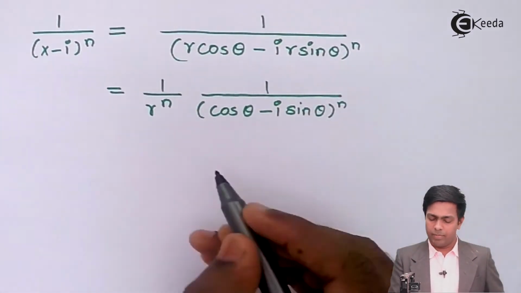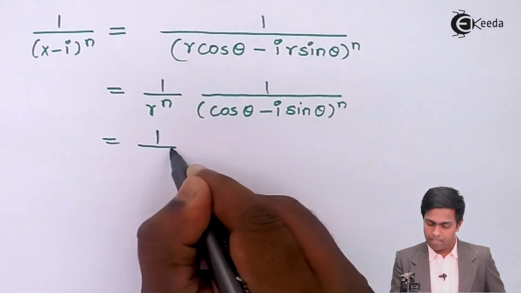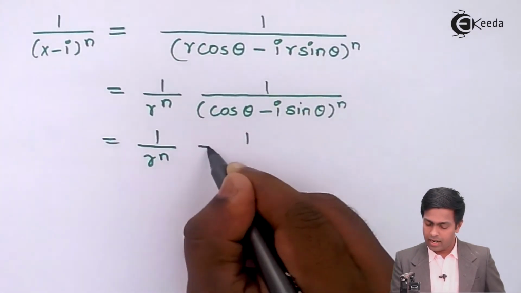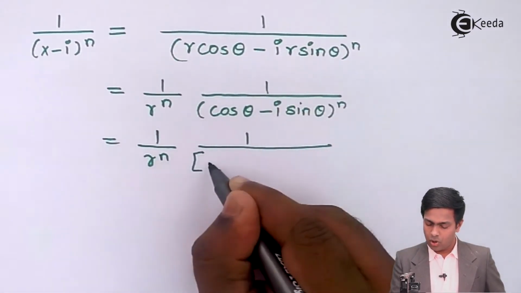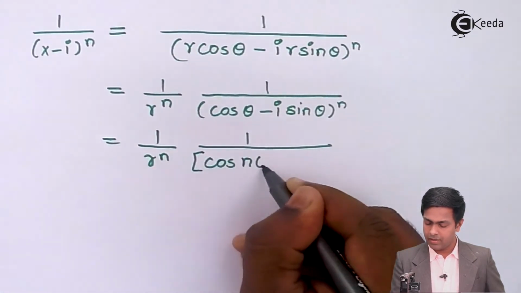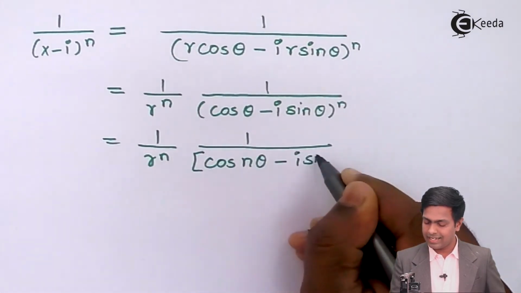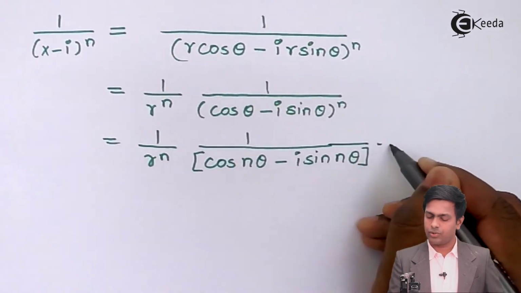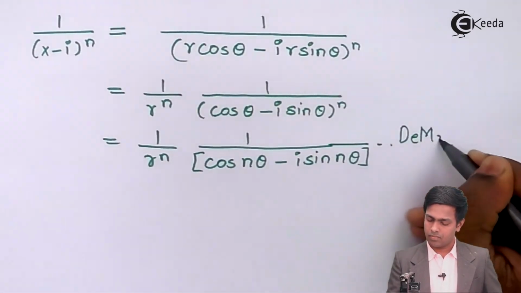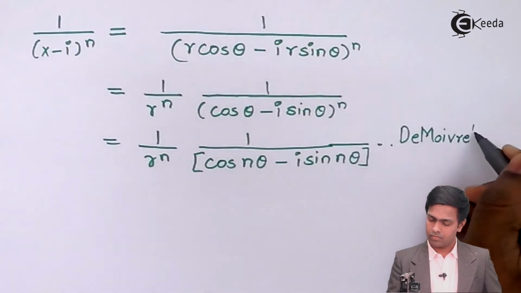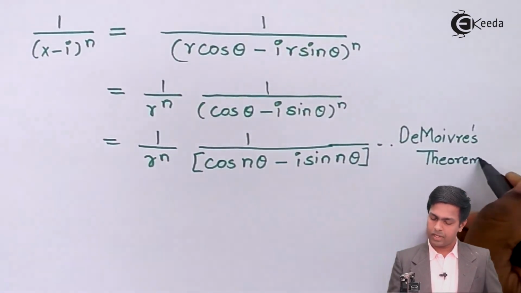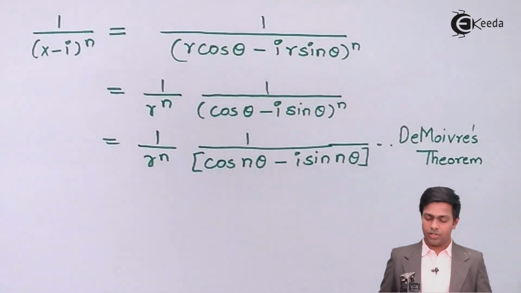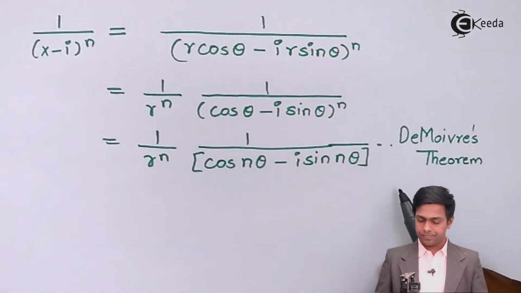So this will become 1 by r raised to n, and this is cos of n theta minus i sin n theta. This is due to de Moivre's theorem, so we'll get this answer.